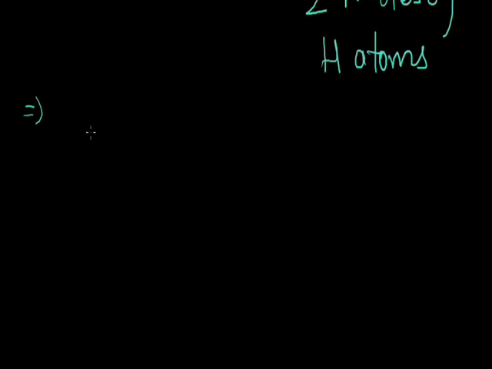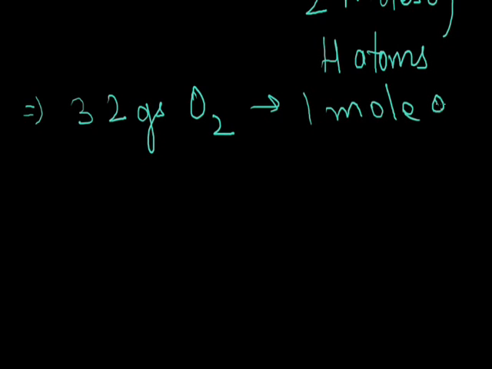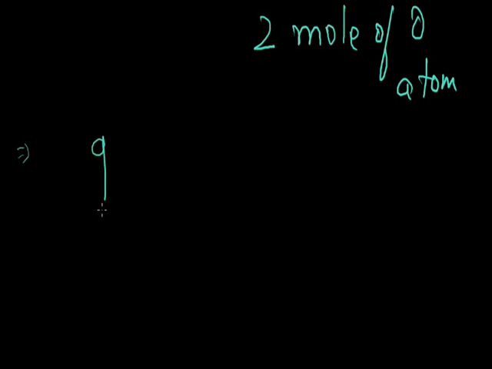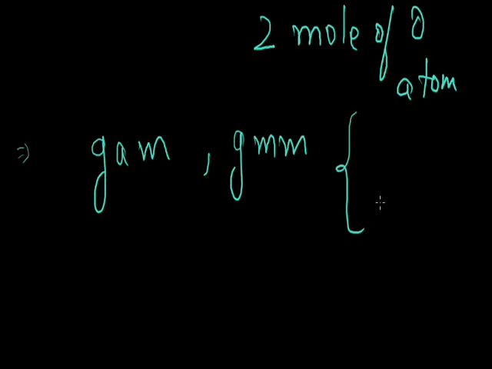If we are referring to 32 grams of oxygen, that will consist of 1 mole of oxygen gas, and it will consist of 2 moles of oxygen atoms. So what we can conclude from this is that the gram atomic mass or the gram molecular mass will be equal to 1 mole of the particles, either molecule or atom.